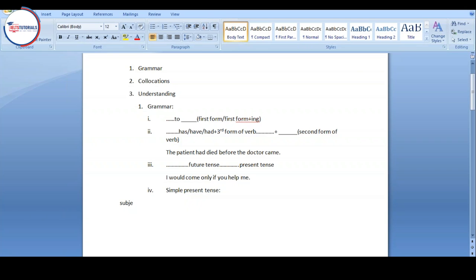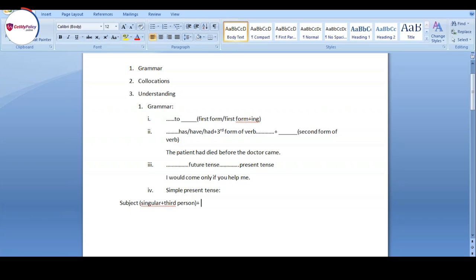Giving one example again, just give me a moment. Then definitely in that you will use the first form with S or ES, depending upon which form of verb you are using actually.